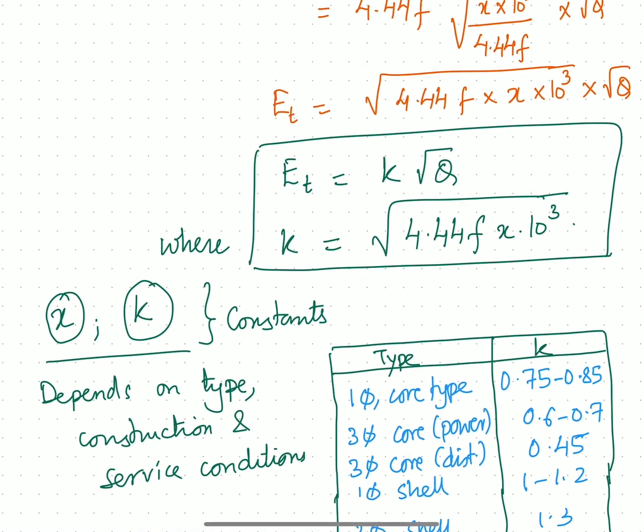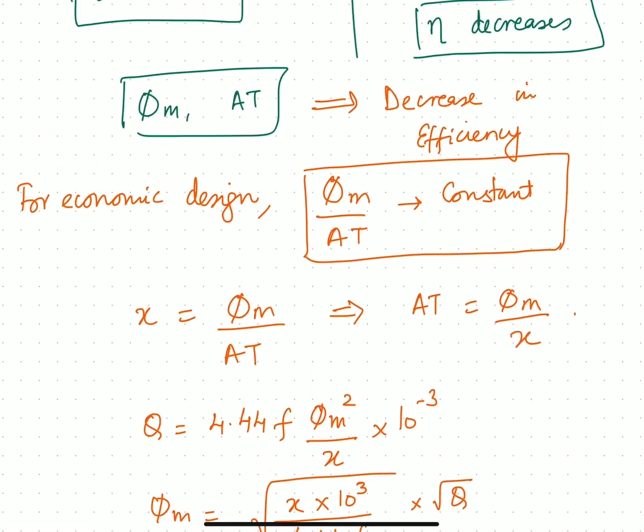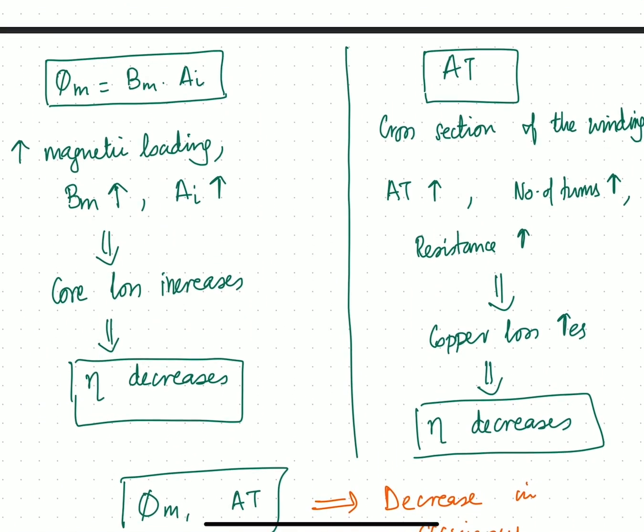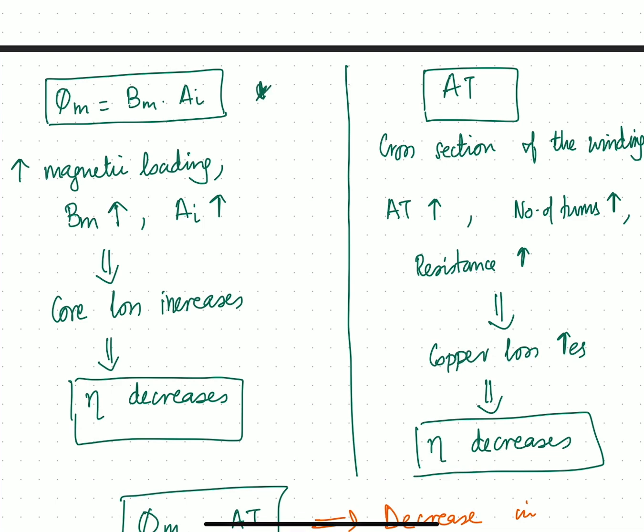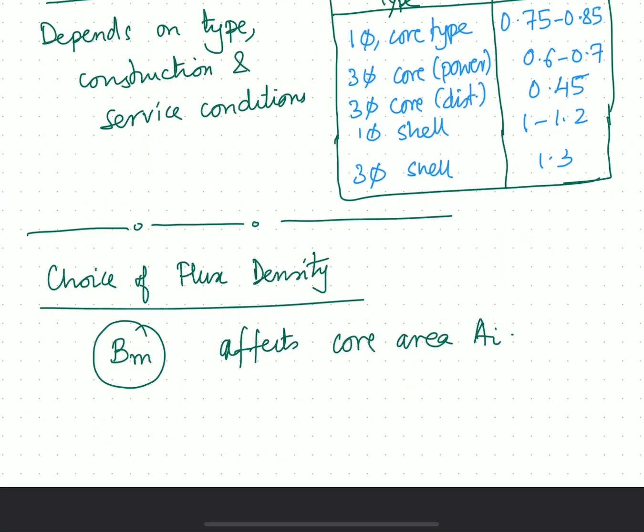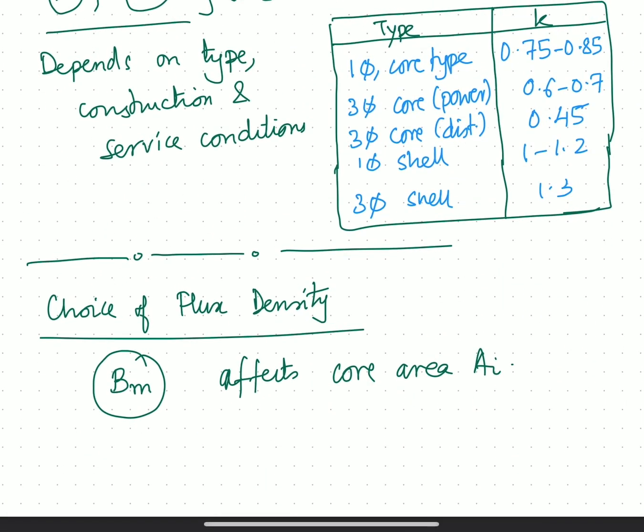And for the same flux, you can see from this equation, a higher flux density leads to lower area, right? So what happens, let me shift this to the next page.